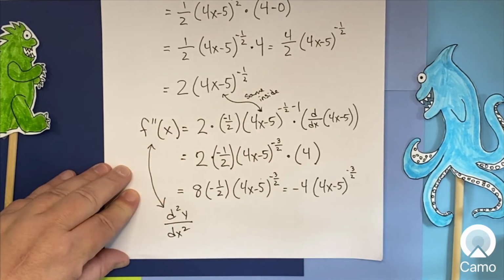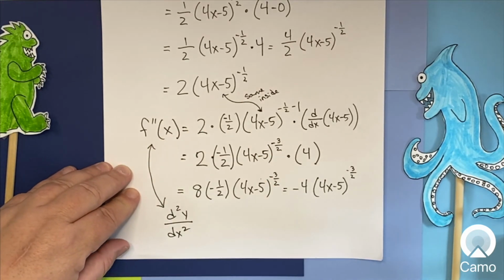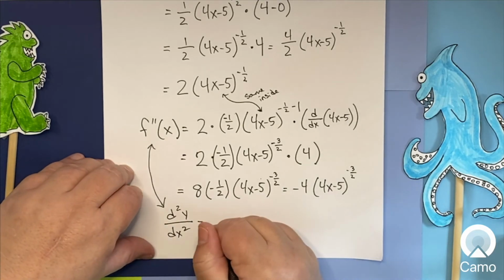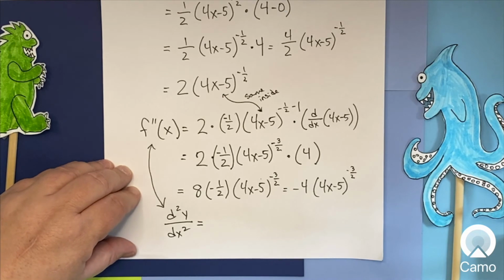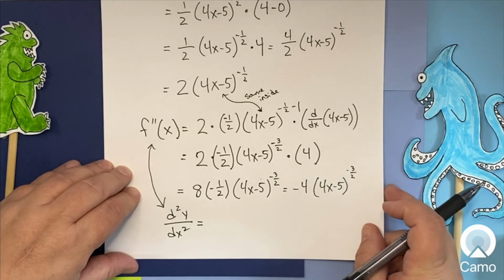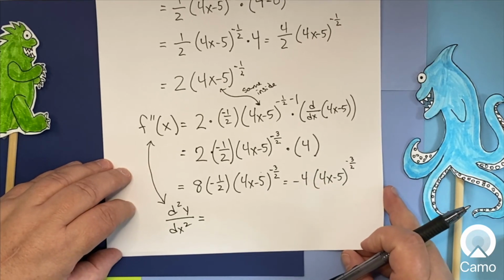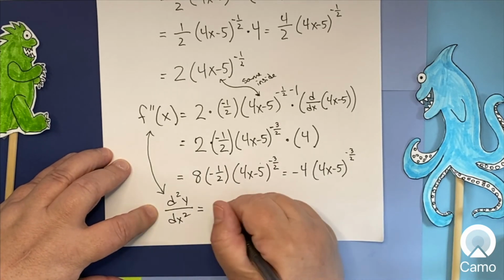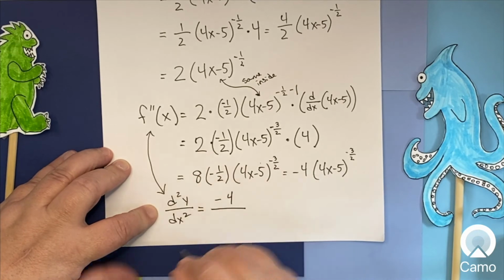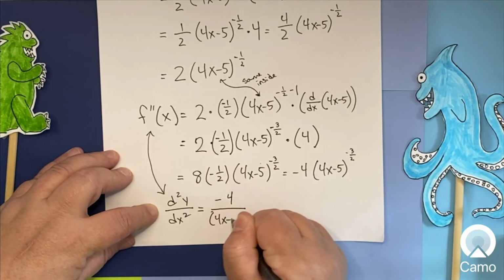So like they're nicknames, but they refer to basically the same person. And then let's see, I think I've got a negative 4 on top, and then a 4x minus 5 to the 3/2 in the denominator. Now, this is usually acceptable, and I realize there's a little squiggle there that looks like something that is not a squiggle, so let me cover that up. There we go.